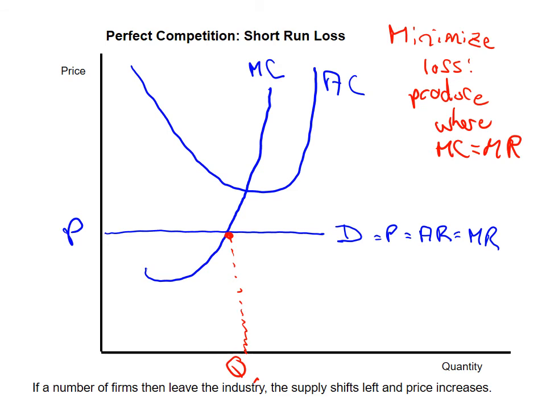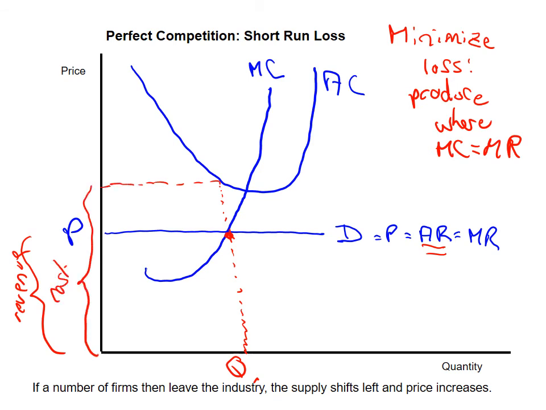Then we're going to ignore everything to do with MC and MR and focus on average costs and average revenue. So we know at this point, this is where it's meeting average revenue. So we have revenue here, but we've got to extend this line up now to where it meets average cost. And all of this is the cost. And so the costs exceed the revenue, so this becomes the loss.